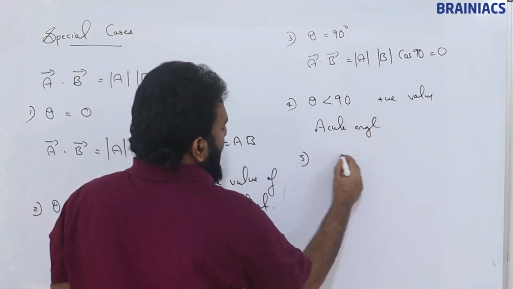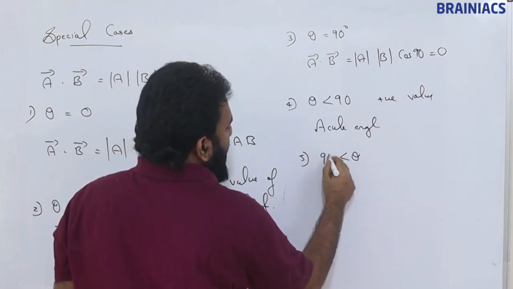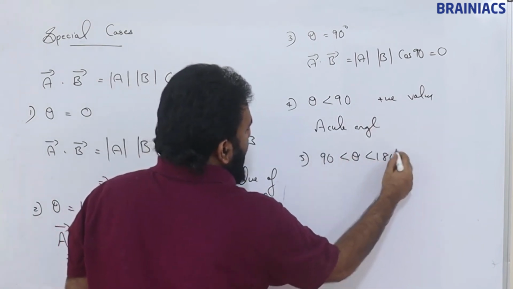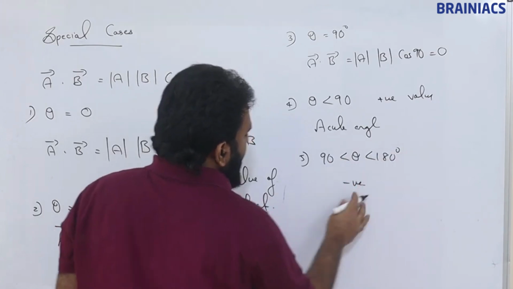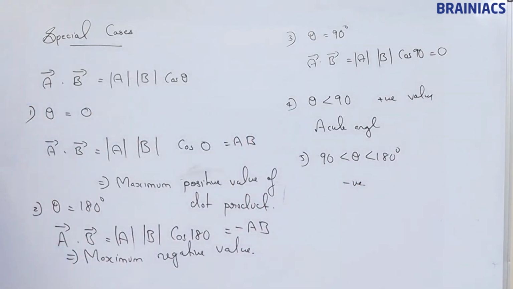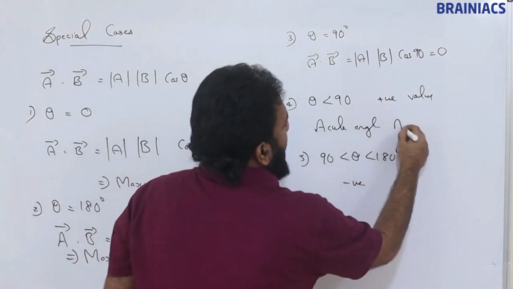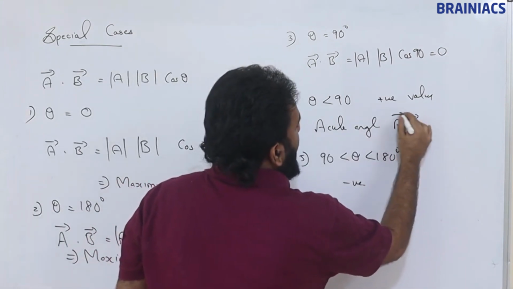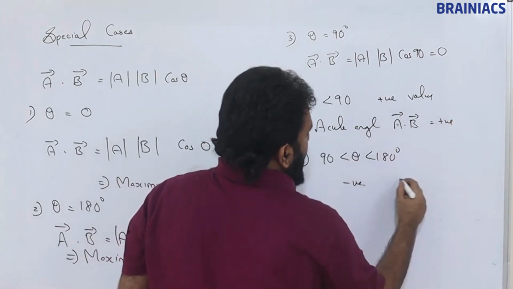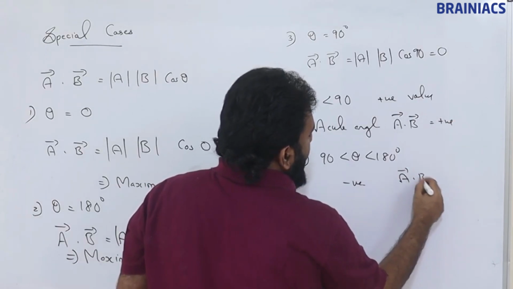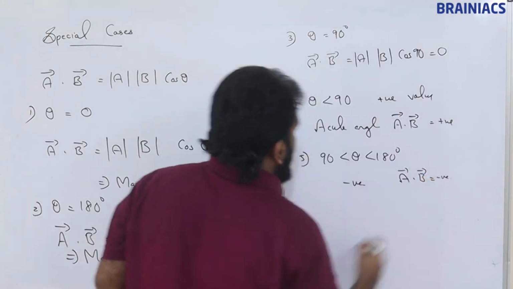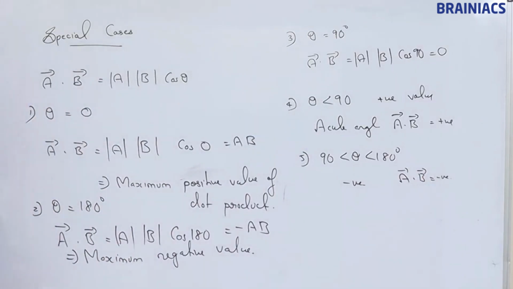Suppose theta is greater than 90 degrees and less than 180 degrees, then the result will be a negative value. Here A dot B will be positive, and here A dot B will be negative. So based on the angle, the result will vary.